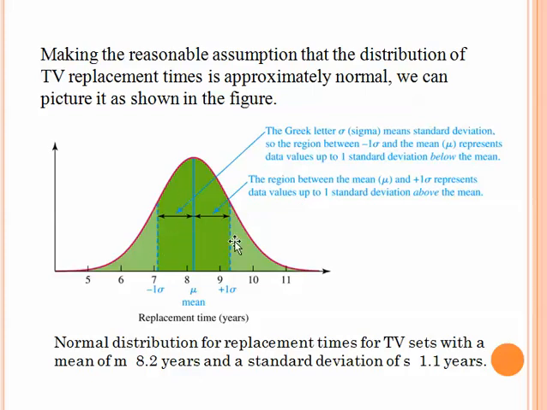You can look at the region of one standard deviation away from the mean. If you subtract 1.1 from the mean, or add 1.1 to the mean, then you get a region that's within one standard deviation of the mean.